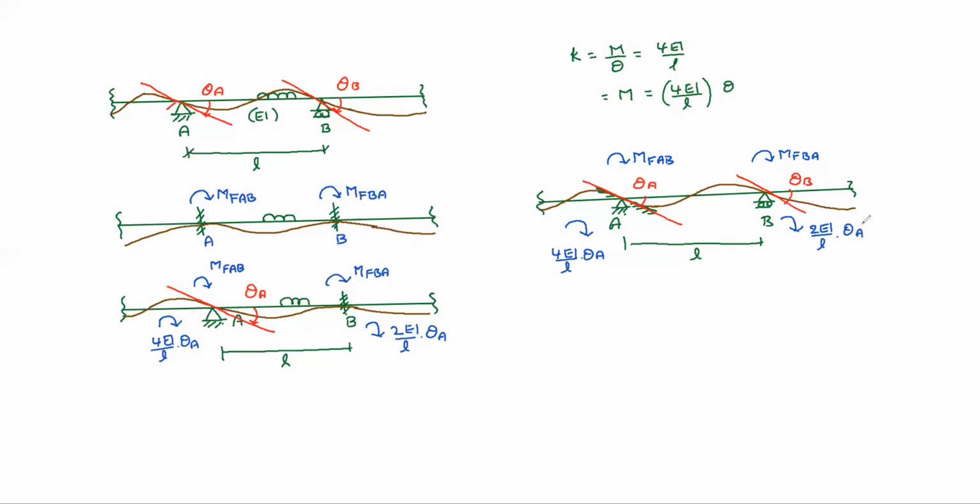Now we are rotating at B by fixing at A. For that, we need to apply moment. Clockwise. We are rotating in the clockwise direction, right? So how much clockwise couple is required here? 4EI by L into theta B. That much moment is needed to rotate by theta B amount. Because of this, as the far end A is fixed, the developed moment will be 2EI by L into theta B.